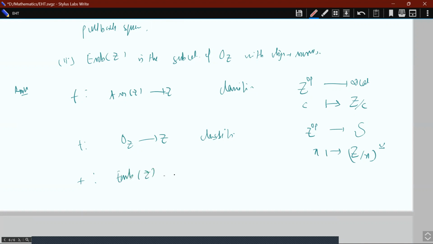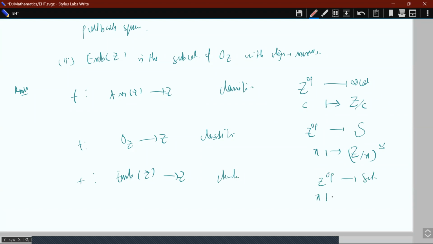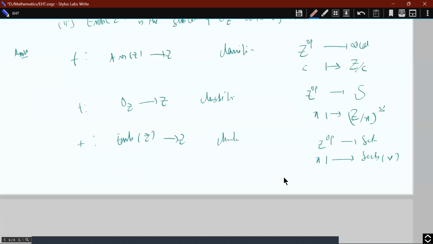Similarly, this map classifies the functor into sets. It takes X to Sub(X), the set of isomorphism classes of subobjects of X, which is a set.